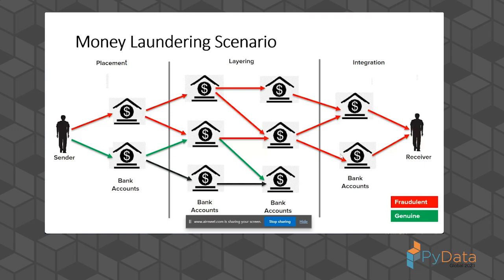After the layering stage, there's the integration stage. At the end, money from these multiple accounts will be deposited into the receiver's account. This structure is called structuring or smurfing, and we are concentrating on detecting such fraud.